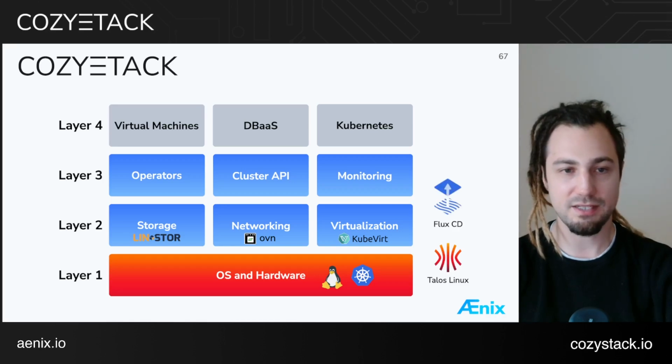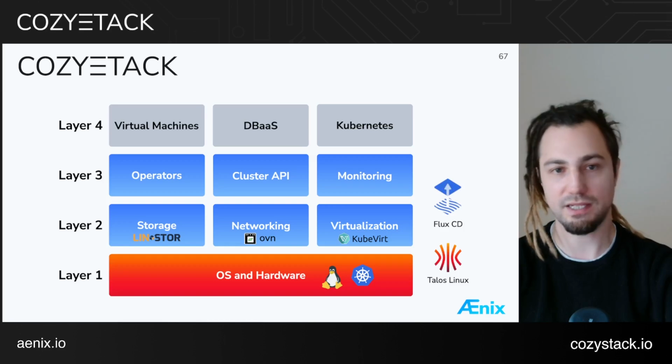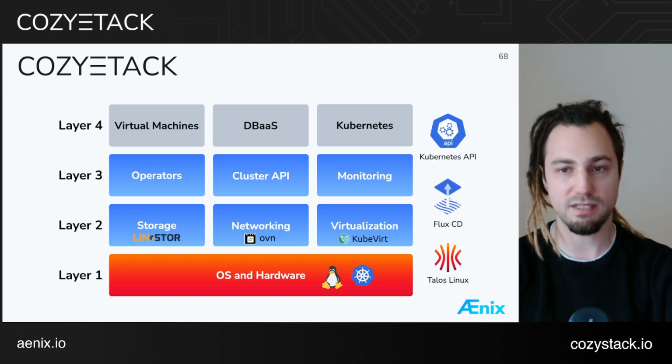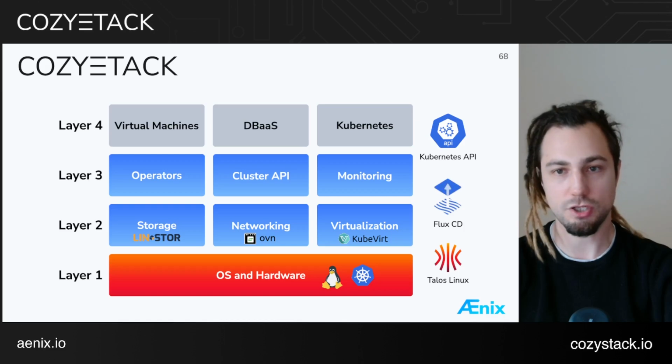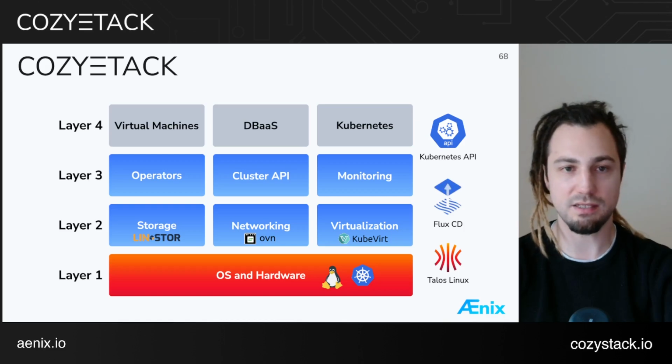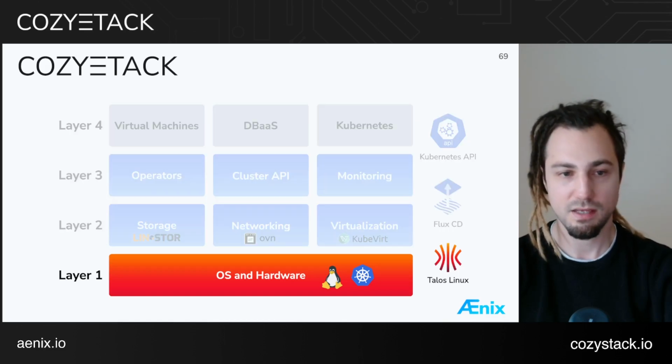The rest of the layers, layers 2 and 3, are handled by FluxCD. So we use FluxCD and deliver Helm charts. We have system ones, and we have the application layer, layer 4. It is also backed by FluxCD, but it also has our own customized Kubernetes API server, which shows all of these Helm charts as Kubernetes objects.